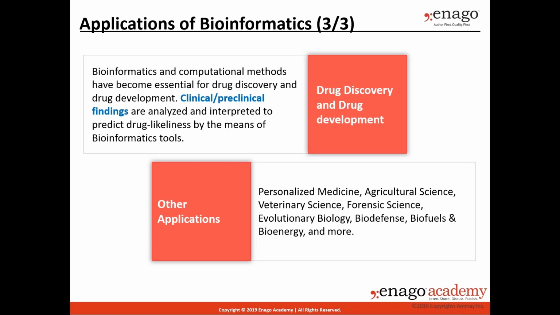And then, of course, we can take that and the applications we talked about in the previous slide to move it into other applications such as personalized medicine, agriculture science, veterinary science, forensic science, evolutionary biology, biodefense, biofuels, and bioenergy, and of course, much, much more. We should add public health into this.